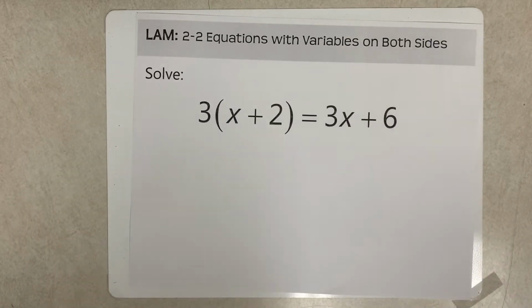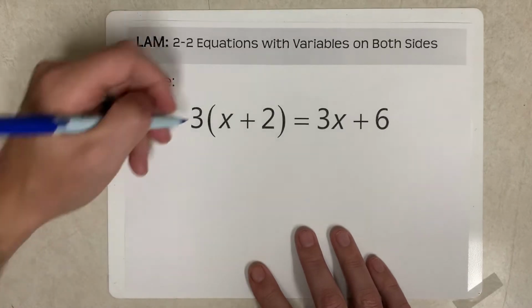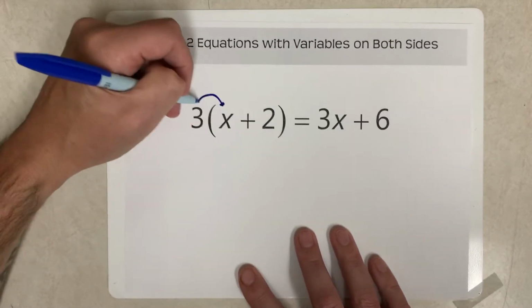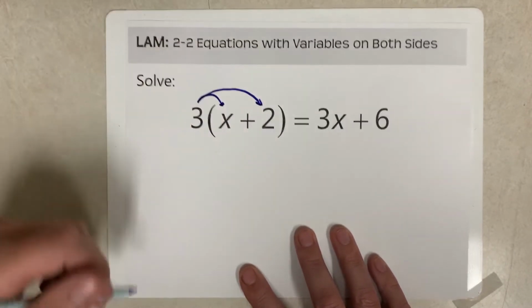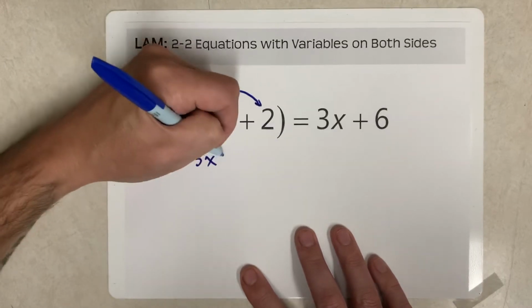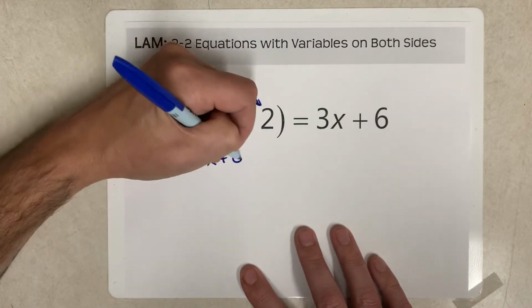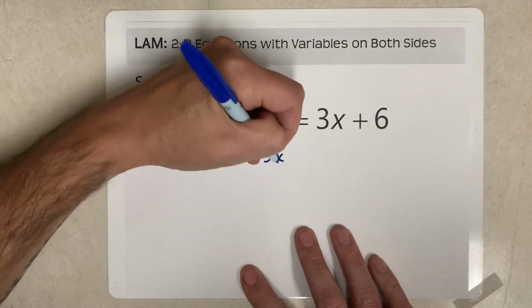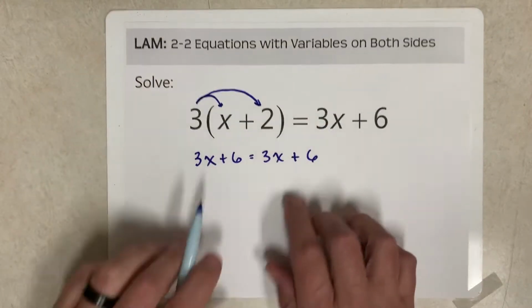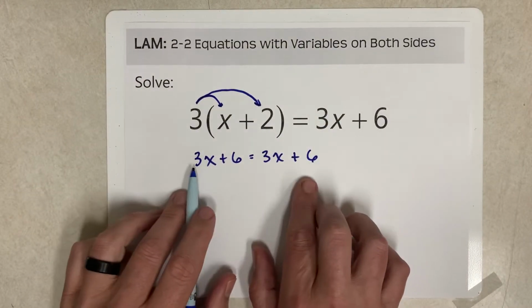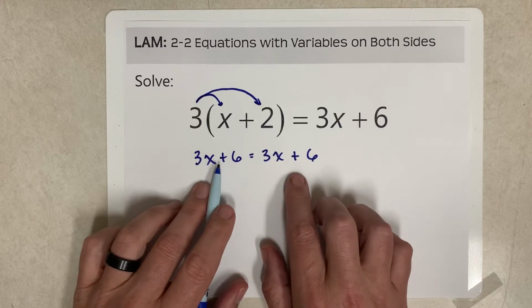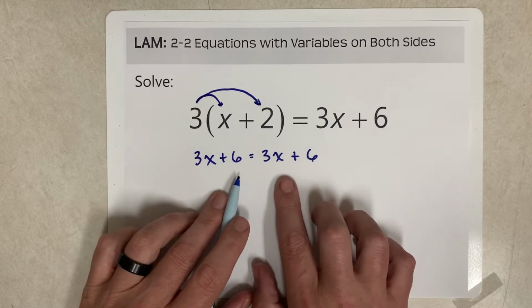All right, here's one where I need to distribute. I'll distribute that 3. Get rid of parentheses. So 3x plus 3 times 2 is 6. Equals 3x plus 6. Now, I see that both sides are the exact same thing. So if I go subtracting things on both sides, it's eventually going to get to be 0 is equal to 0.